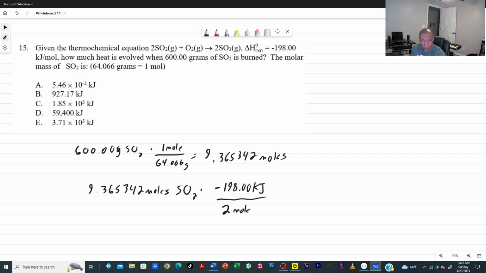Okay, this is moles of SO2. So I'm going to multiply by a negative 198.00 kilojoules, it's very important that you remember this, per 2 moles of SO2. All right, why did I put the 2 here? Because the stoichiometric coefficient in front of the SO2 is 2. So I release a negative 198 kilojoules per every 2 moles of SO2 that react.